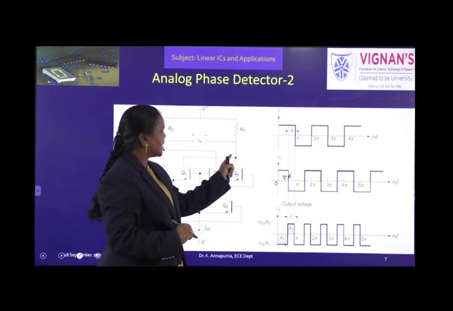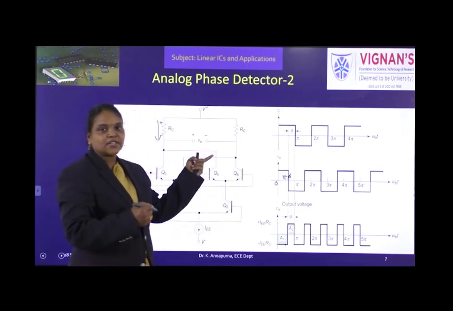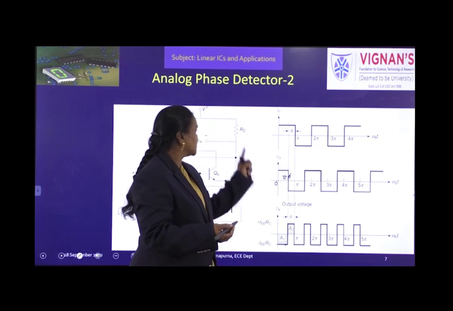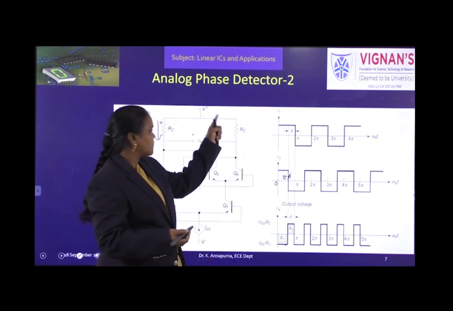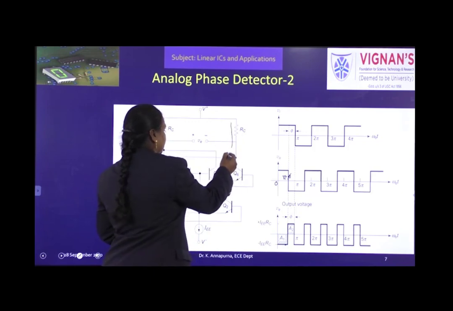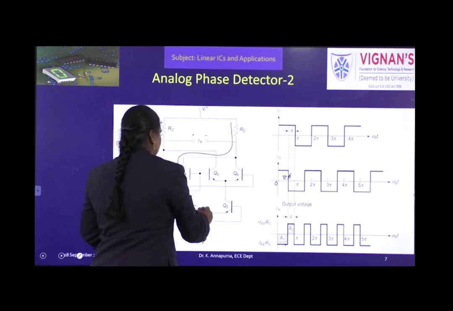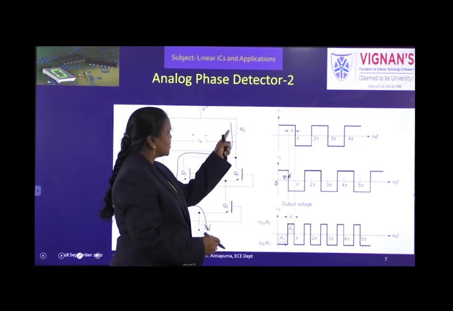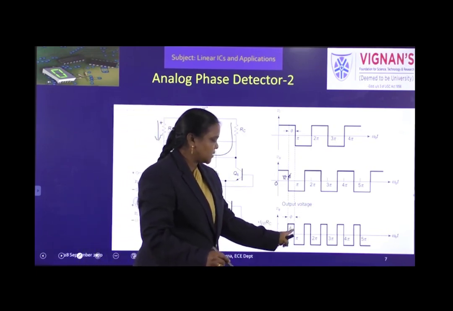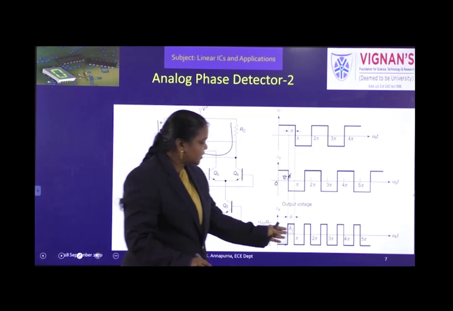It is connected to the negative terminal, so you will get minus of minus, which becomes plus IEE RC. This is the path, and the current flowing through this resistor is also IEE. So IEE RC. Like that it repeats.